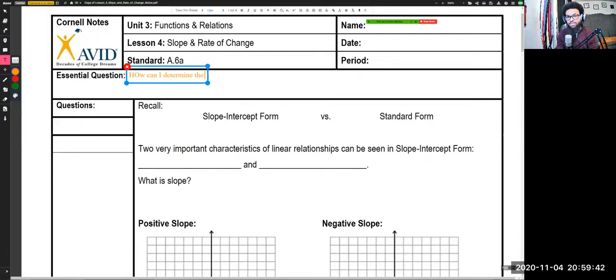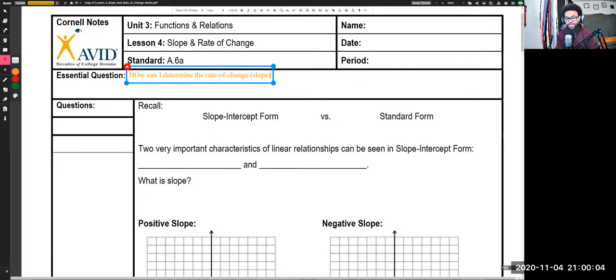determine the rate of change, which is another word for slope? And we'll call it slope most of the time, but in case you see it as rate of change, you will know that slope and rate of change are the same thing.